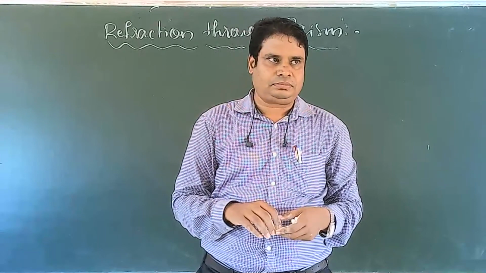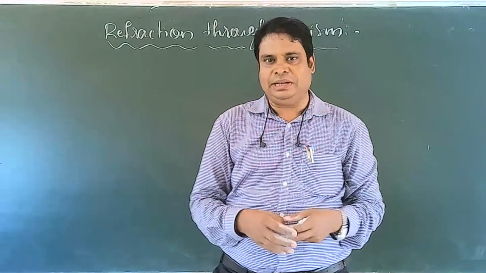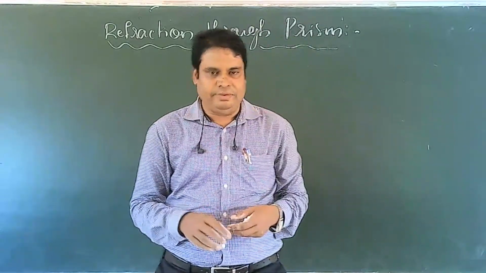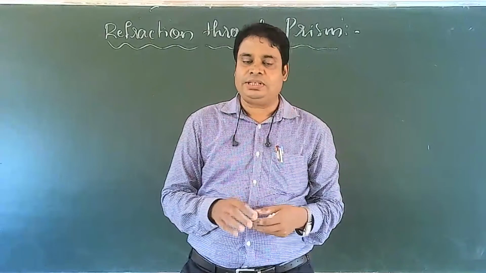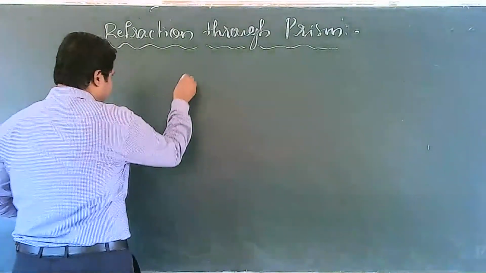Please remember. Then we have to solve problems using log table, all those things. Okay? We will discuss it later. First, let us see what is prism. Okay. Let me draw a prism.